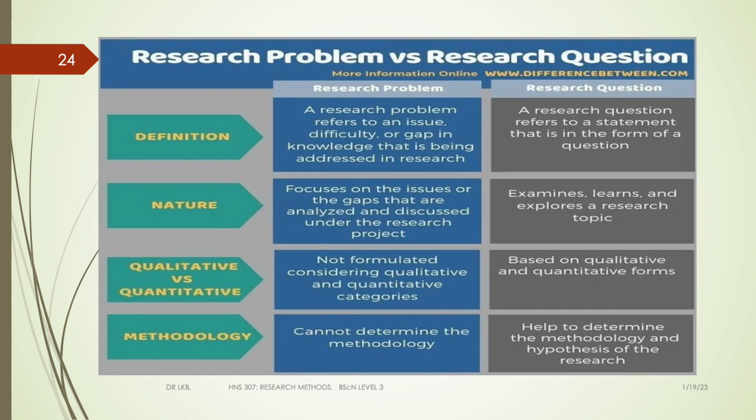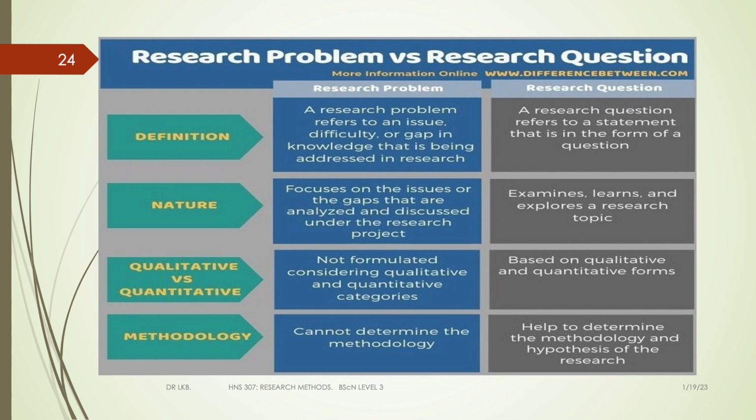Okay, so remember the previous topic was on research problem, and today we talked about research questions. I want you to go and look at the differences between the two in terms of definition, their nature, how it applies in quantitative or qualitative research method, and whether it can guide methodology. In a nutshell, remember, the research problem looks at the gap.